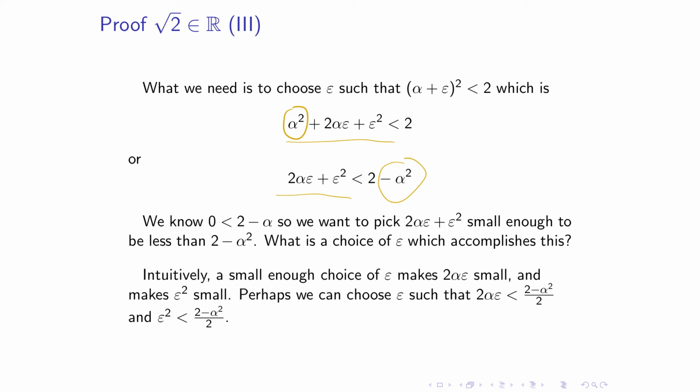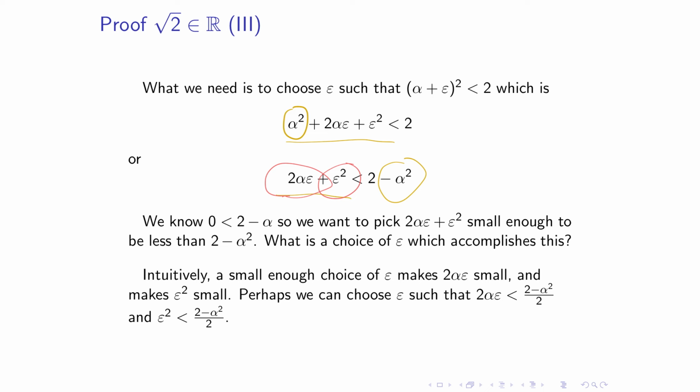Well, one idea is to think about the two terms that each have epsilon in them. You might approach this by saying that I would like each of these terms to be half of the target quantity or less.